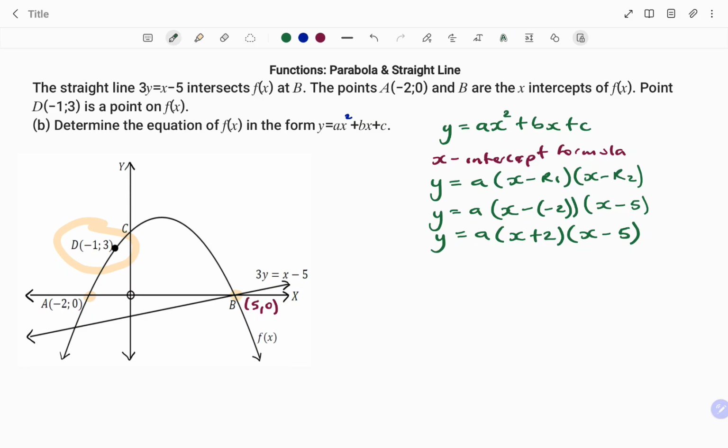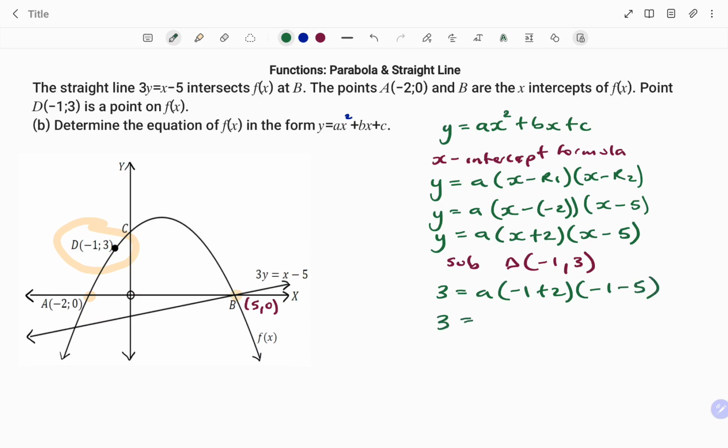So I'm going to substitute the point D, which is (-1, 3), for my x and y. So I have y, 3, equals a in bracket (-1 plus 2) multiplying (-1 minus 5).